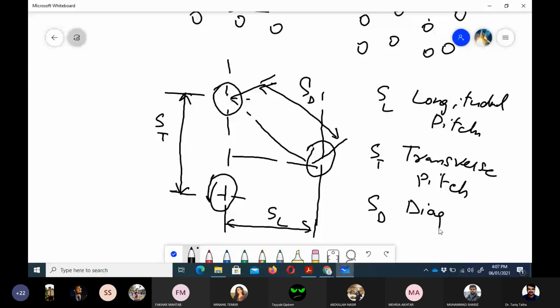Okay? So these are the three parameters which we define in order to do the analysis. We will be discussing this in detail in next week's lecture.